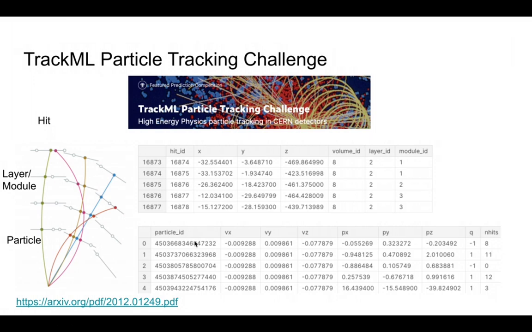For example, the first particle contains 8 hits. There are 8 hits in the hit file that should be associated to the particle. Therefore, the particle ID in the hit file can be used to find the association between the particle and the hits.